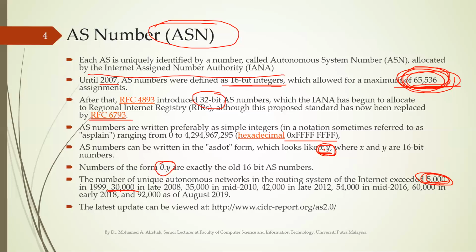That's why they expanded to 32 bits. If you want to see the latest updates about the number of ASNs, you can go to this website. From this website, you can see the latest updates, and you can see what is the maximum number they have used up to now.